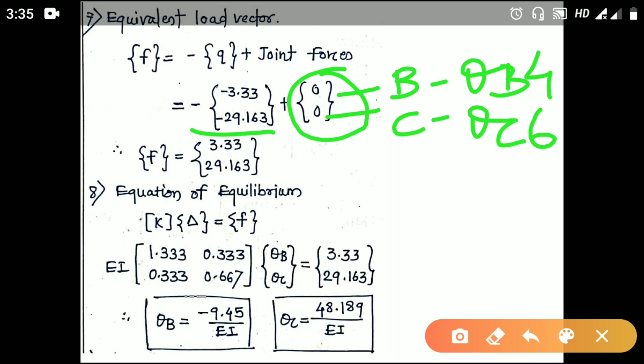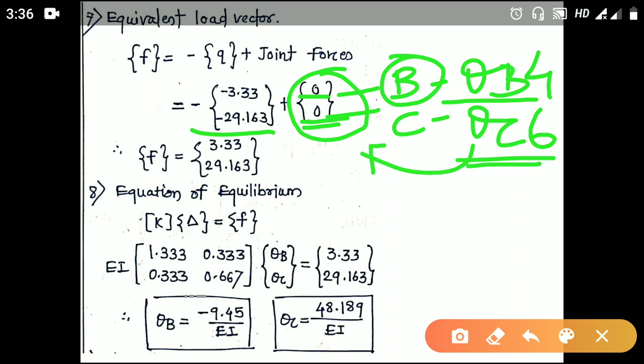So at B support, the first element is the action corresponding to theta B. Is there any moment at B support? No, 0. Then the second is the action corresponding to theta C, that is the moment at C. Is there any moment at C support in the original figure? No, therefore here it is 0, 0. So all the joint forces are 0.